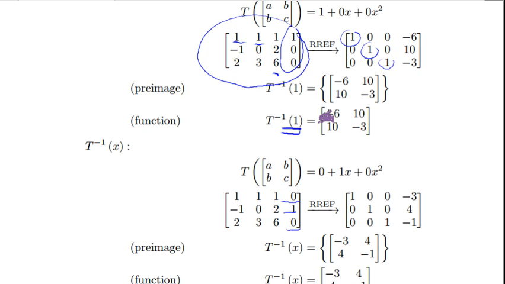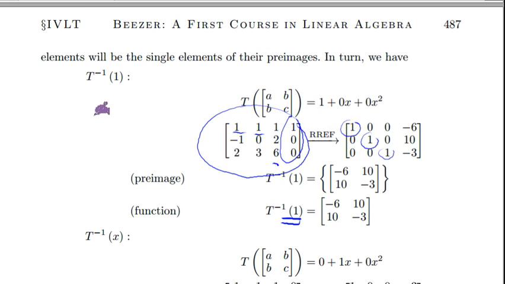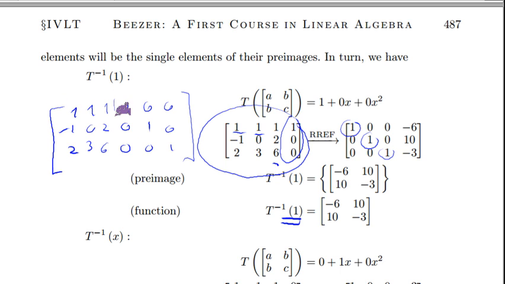Do the same thing for x squared, you get a similar result. Now I want you to notice something: if we had taken this coefficient matrix 1, 1, 1, minus 1, 0, 2, 2, 3, 6, the first constant vector was 1, 0, 0, the second constant vector was 0, 1, 0, the third constant vector 0, 0, 1. Now we've seen this extended form before. And we know that if we row reduce this matrix and we get the identity over here, then the matrix that we'll get on the right-hand side is the inverse matrix.